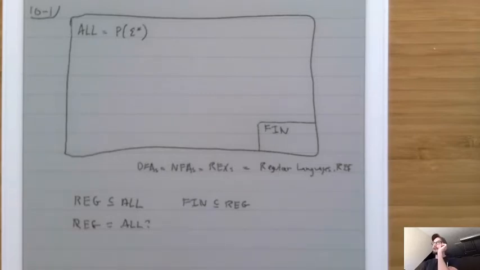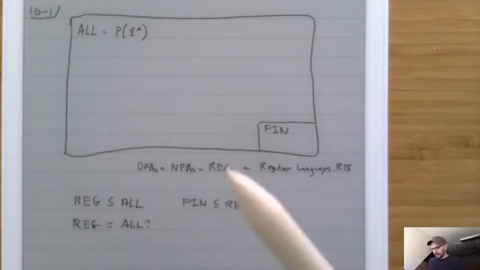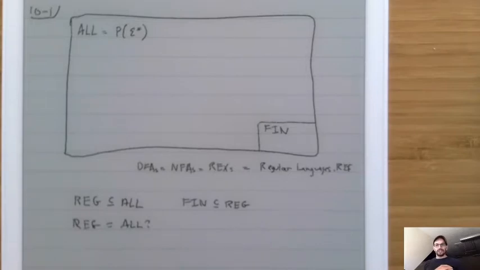So either those are not algorithms, or something weird is going on. But that just tells you that we're not sure. That's not really a proof, because how do you know that sorting algorithms really run in that sense? In the context of this class, we don't yet have enough information to determine whether or not reg is equal to all. Well, I'm going to tell you that it's not equal.